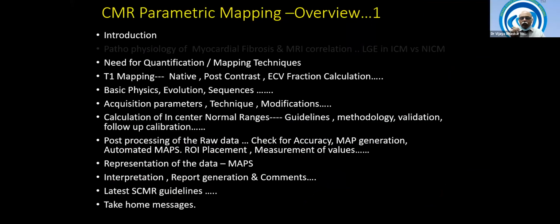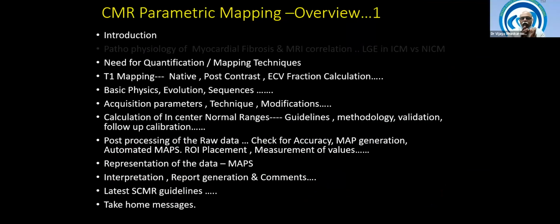Now, for the next 30 minutes or so, I'll go through the need for quantification, basic physics, acquisition parameters, post-processing, technique modifications, and calculation of normal ranges. I'll spend more time on that.